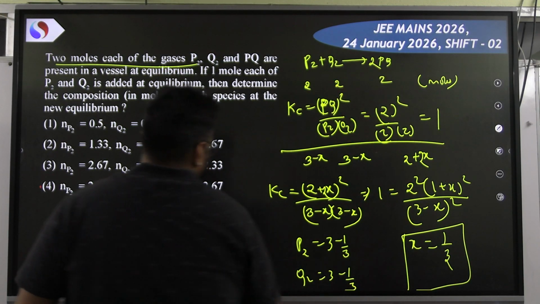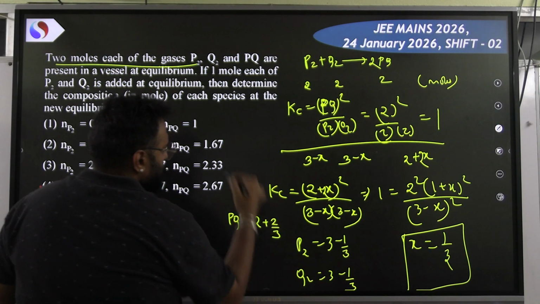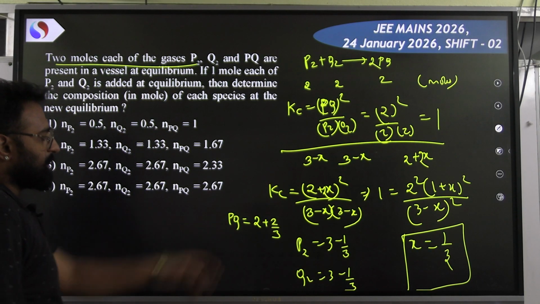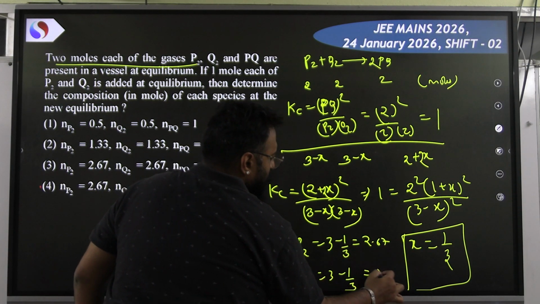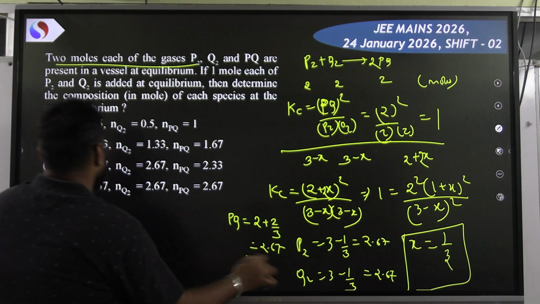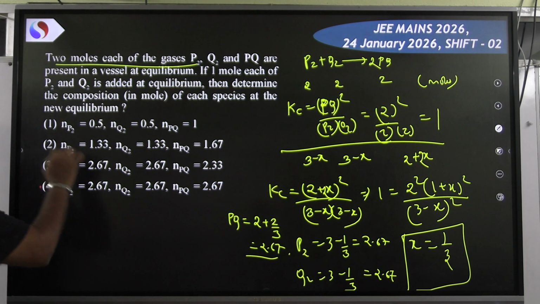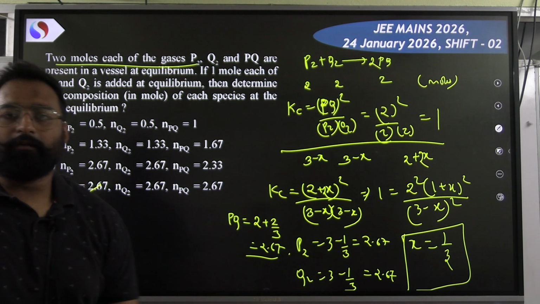And this PQ will be how much? 2 plus 2 by 3, correct? So this will be 2.67, and this will be 2.67. So correct answer will be option number 4.